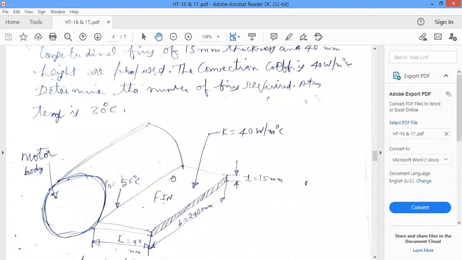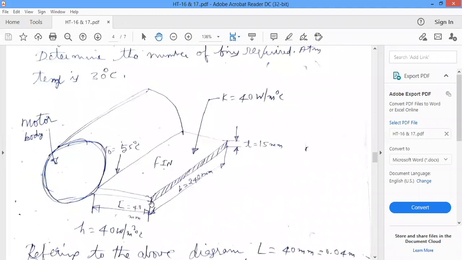The length of the motor body is taken as the width of the pin, B is 240 mm, thickness of the pin 15 mm. Then the height of the pin we take as the length of the pin. Okay?